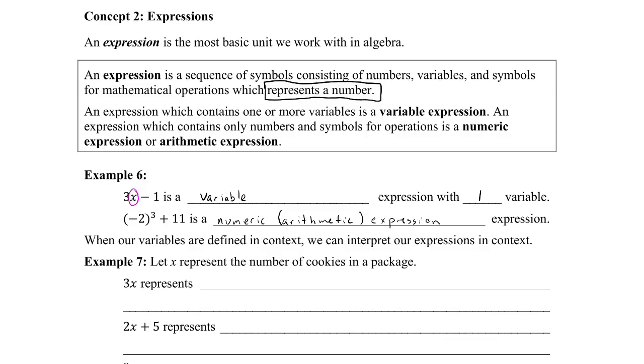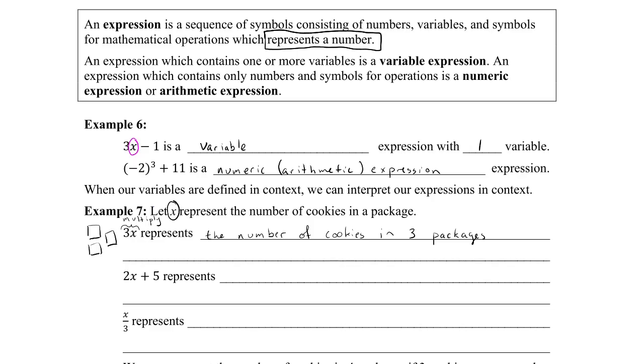So we're going to say, let x represent the number of cookies in a package. So if we have 3x, remember writing a number and a variable next to each other means multiply. So 3x means 3 copies of x. 1, 2, 3. 3x represents the number of cookies in 3 packages.